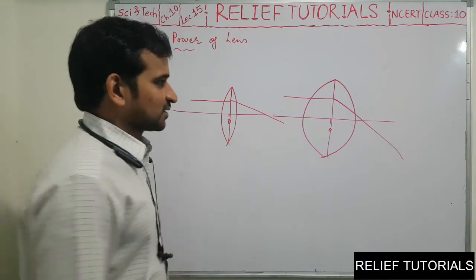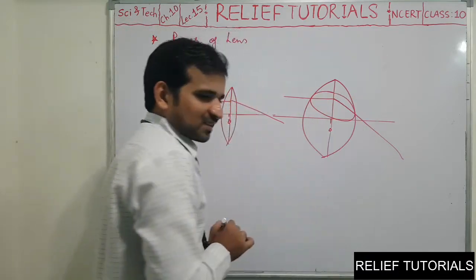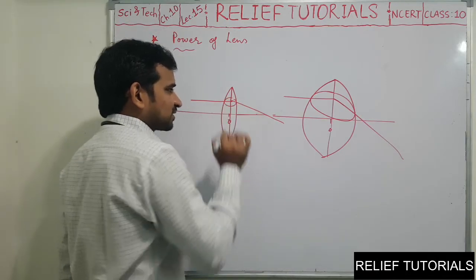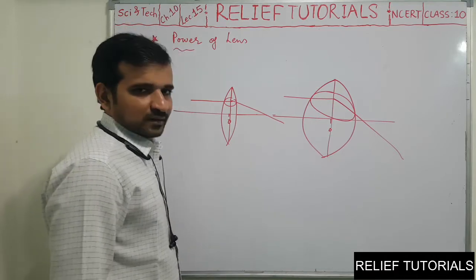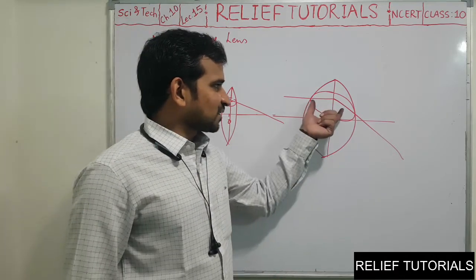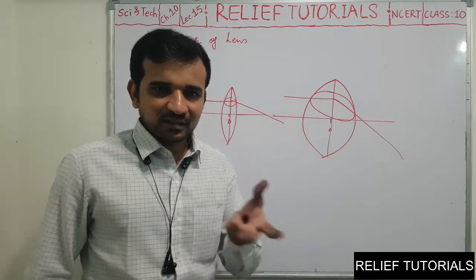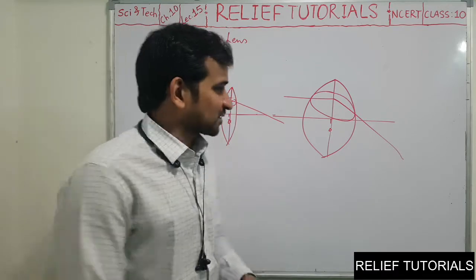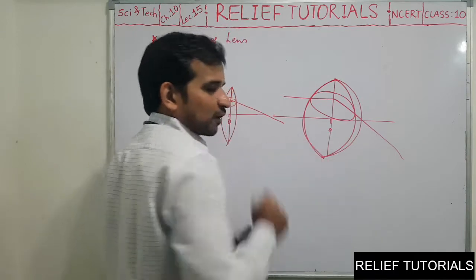So what is the reason? Here the light ray has to travel more distance in glass, and here the light ray has to travel a short distance in the glass or the material of the lens. As the light ray is traveling more distance in the material, that ray will be refracted more. And that depends on the intensity of curve.